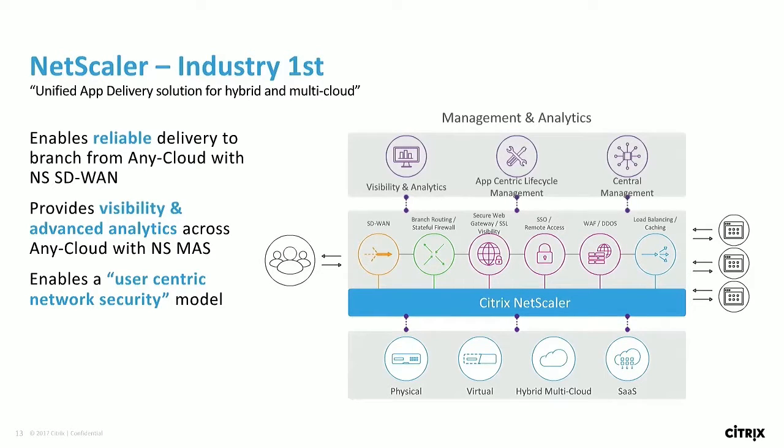So you can go from the device level all the way up to the application level, and you can see the visibility across the whole infrastructure where NetScaler is deployed, through this Management and Analytics System, MAS.